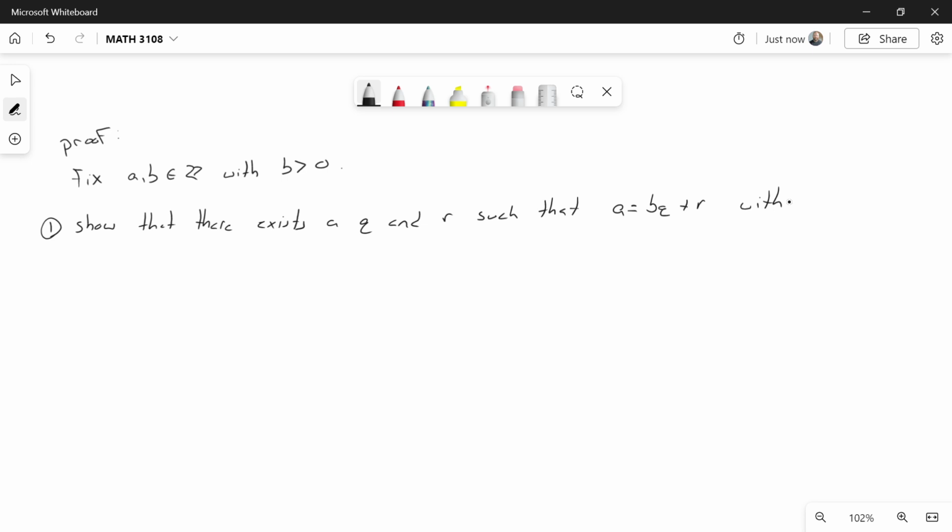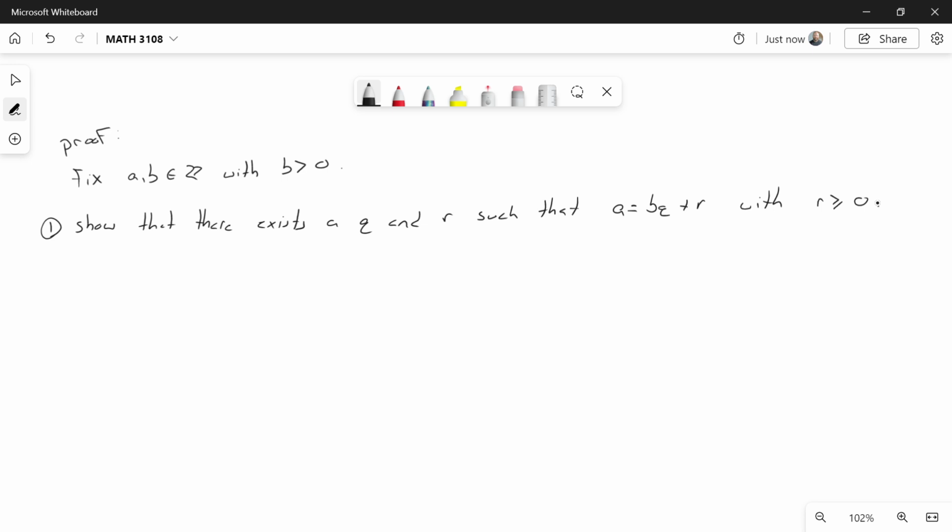We're just going to say at this point in time that r is greater than or equal to 0. The second part of this is we are going to show that r has to be strictly less than b. But for now, we just want to show that there does in fact exist, for any given a and b, where b is strictly greater than 0, a q and an r such that r is at least 0.